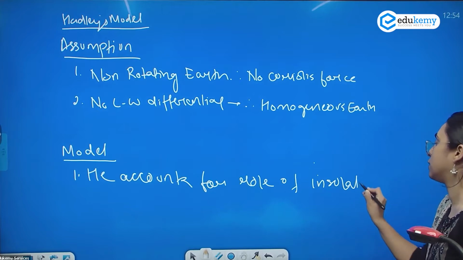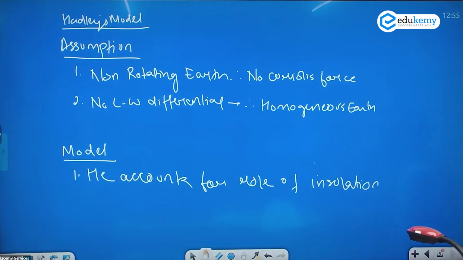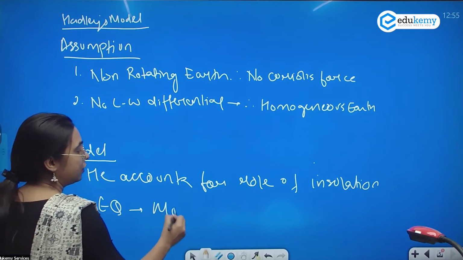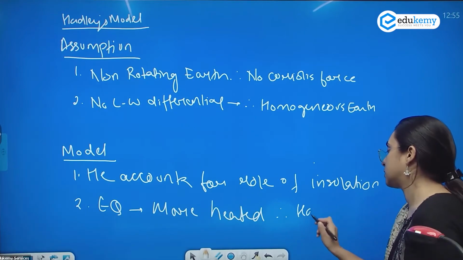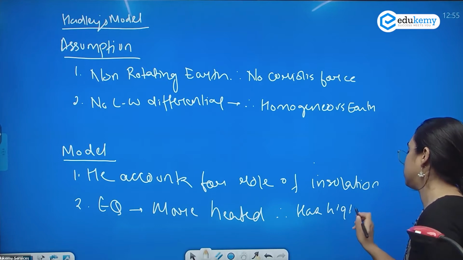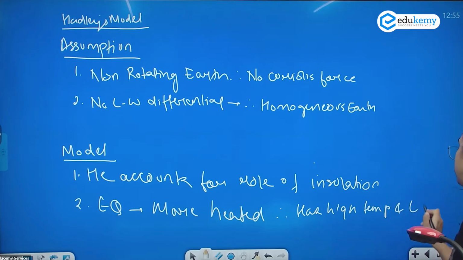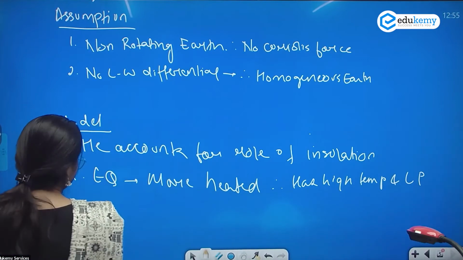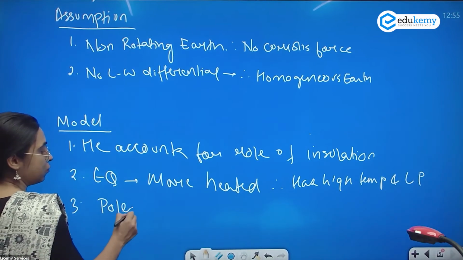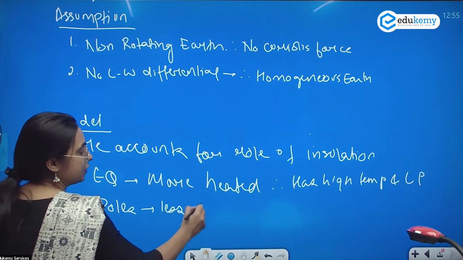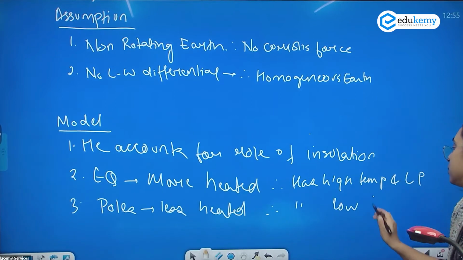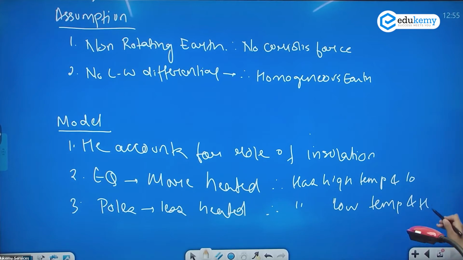The equator is more heated, therefore has high temperature and low pressure. Whereas the poles are less heated, therefore have low temperature and high pressure.